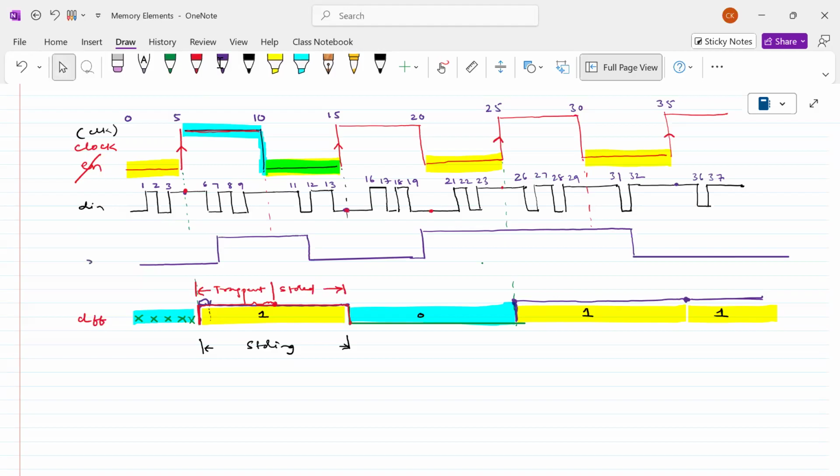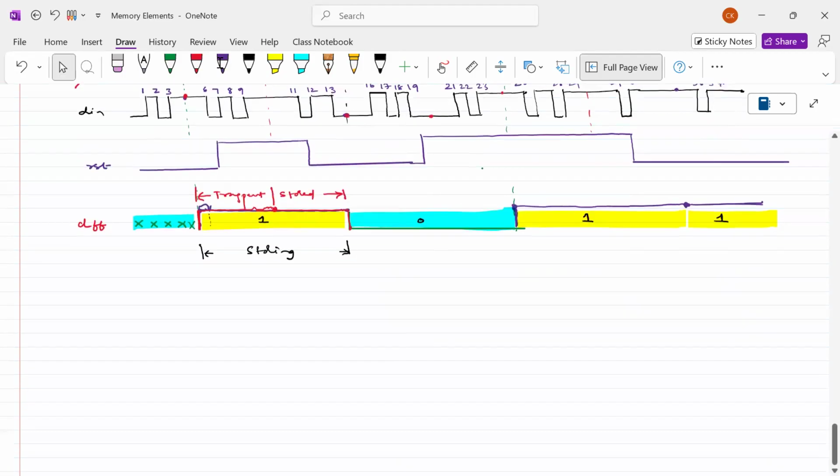Let me call this the RST. D flip-flop without RST. The output is this one, as we know very well.